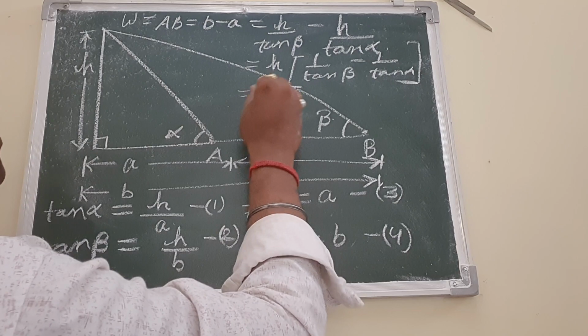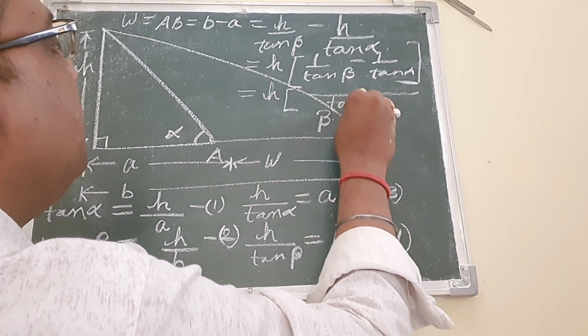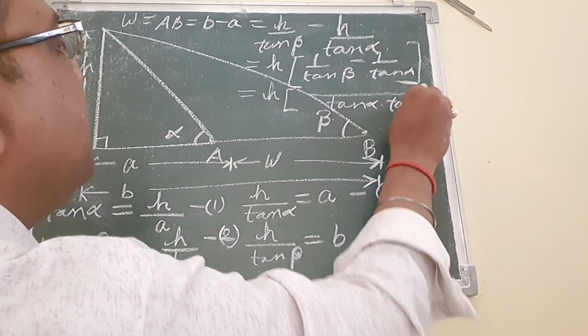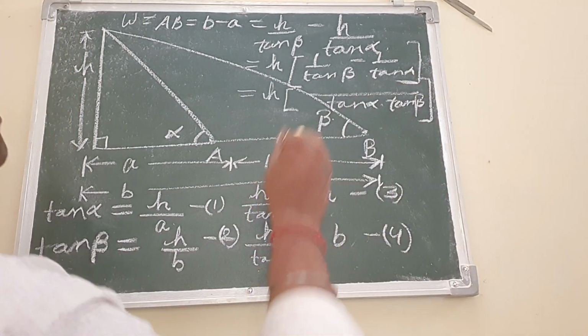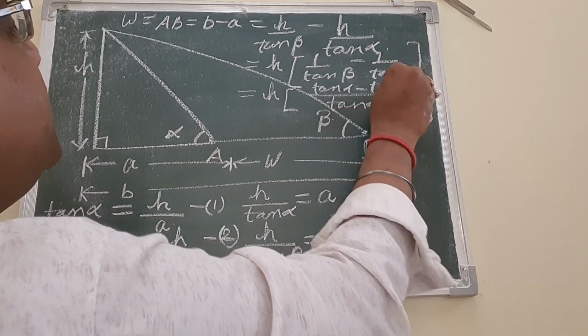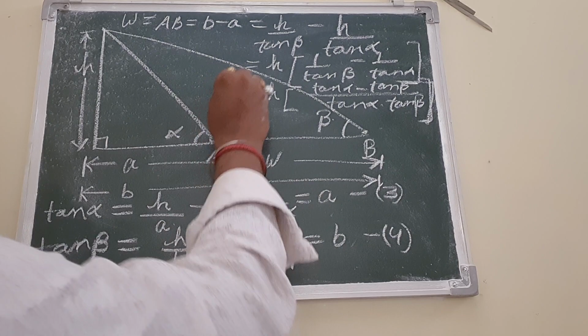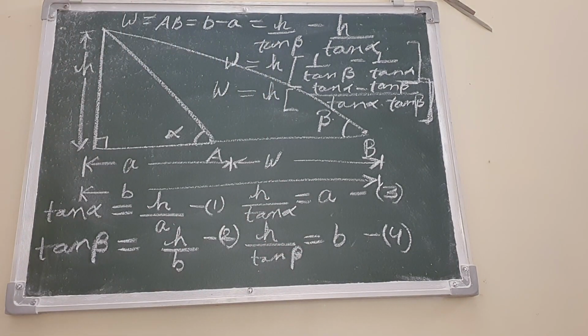Simplifying this, it becomes h, and taking the LCM, tan alpha into tan beta, and it will be tan alpha minus tan beta. So this is our expression for the width w, or the width of the road. This is also a very important question.